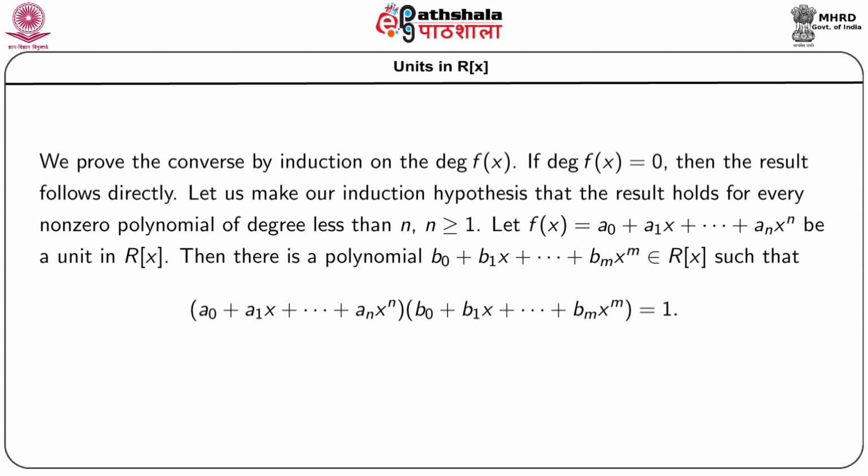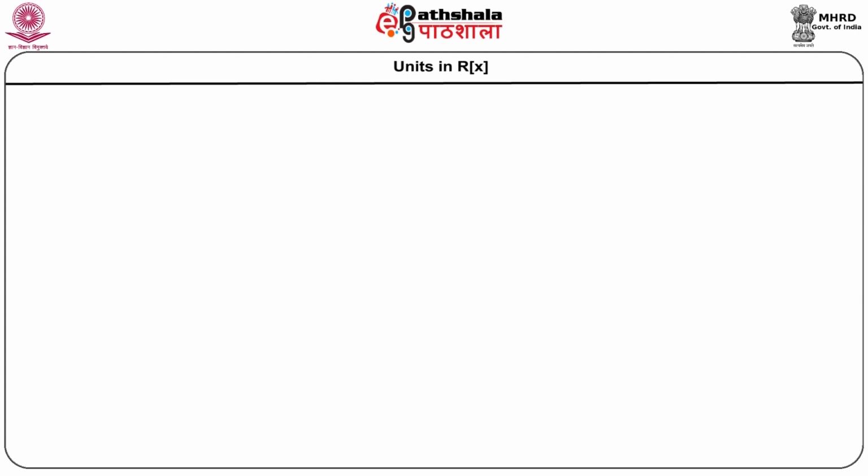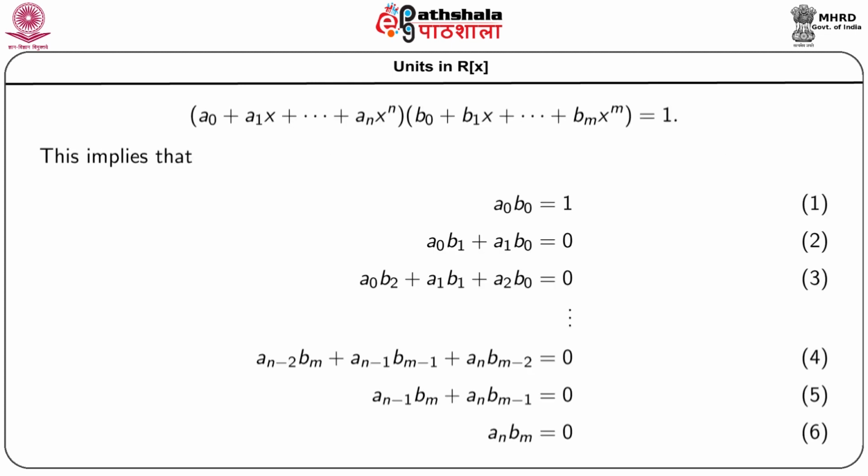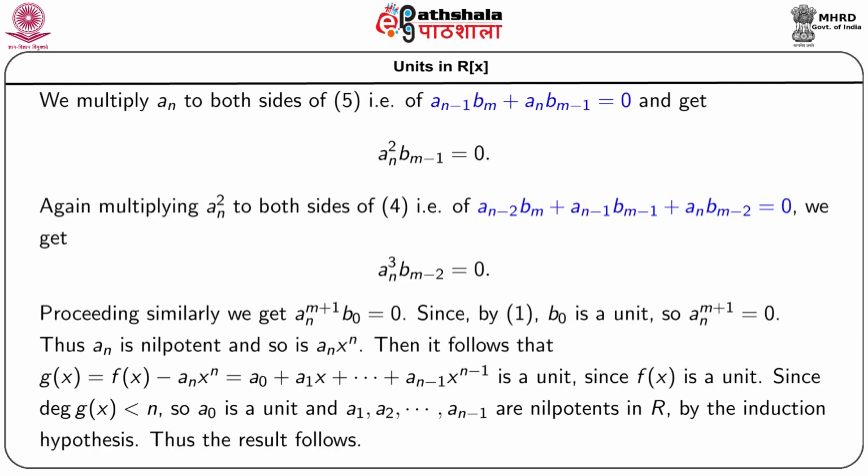Since f(x) is a unit, there is a polynomial b0 plus ... plus bm x to the power m such that their product becomes 1, and comparing their coefficients we have all these identities. Let us multiply an to both sides of equation 5, that is the equation an minus 1 bm plus an bm minus 1 equal to 0, and we get an squared bm minus 1 equal to 0.